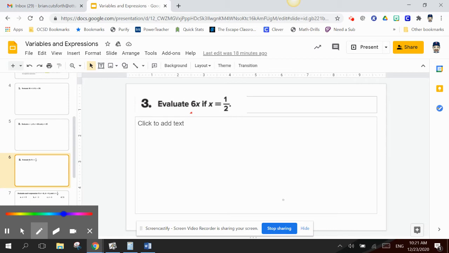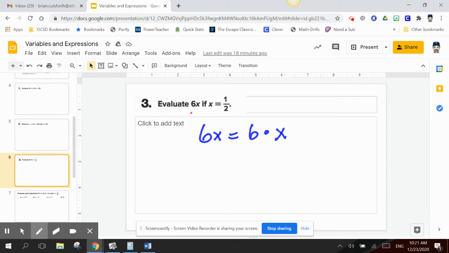Evaluate 6x if x equals 1/2. So again, 6x is the same as 6 times the variable x. So I keep my 6, and I'm going to multiply that by the value of x, and x equals 1/2. So I take away the variable, I put in the value, 1/2.